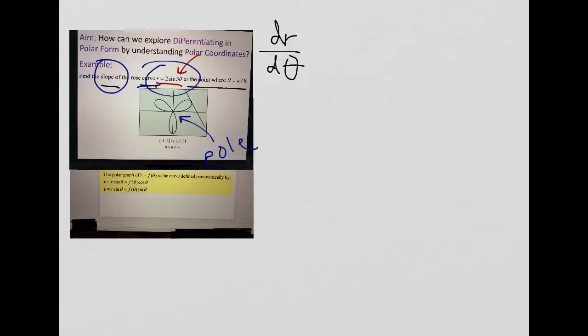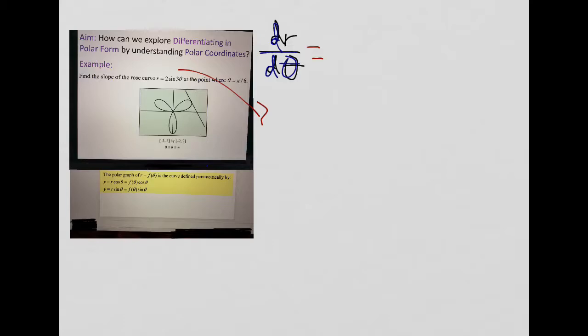So now you know that we're finding the rate of change of radius r. That means we have to look at our equation for r and just take the derivative with respect to theta. So the derivative is dr over d theta.